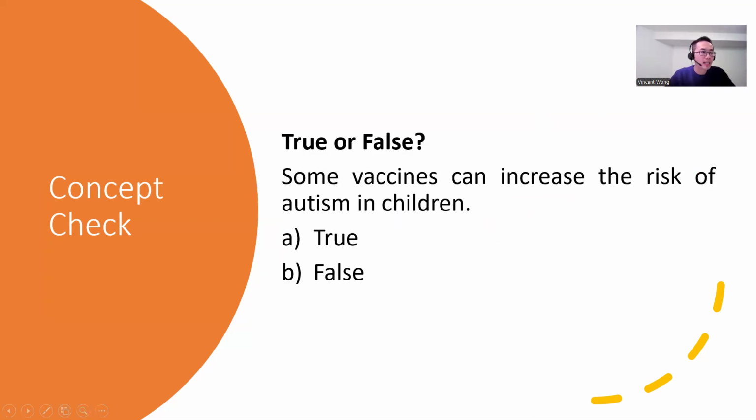Okay, this one is a big one. What do you guys think? Some vaccines, particularly the MMR vaccine, can increase the risk of autism in children.